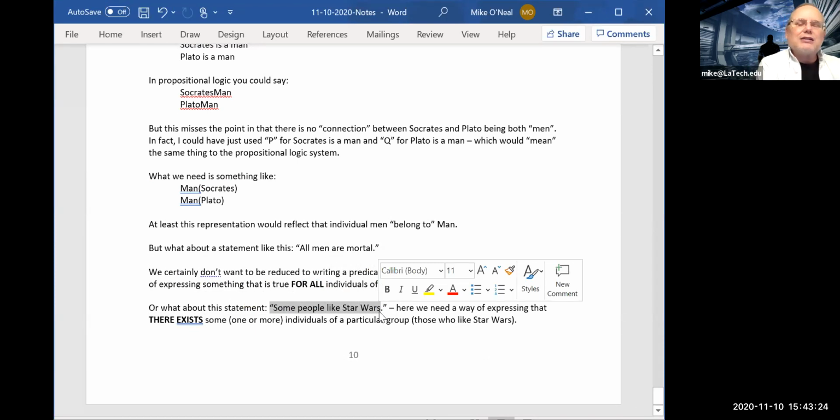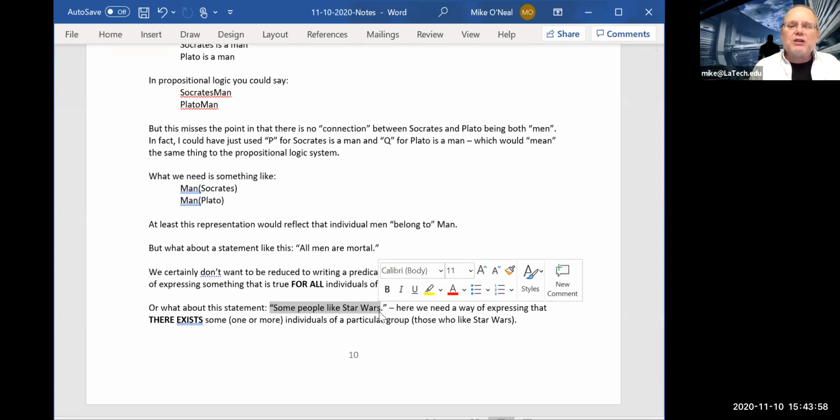What that's saying is that there's at least one person that likes Star Wars. It's not saying that all people like Star Wars. A lot of people do, but some people don't. So first order logic, unlike propositional logic, allows you to talk about groupings, to talk about relations, okay?